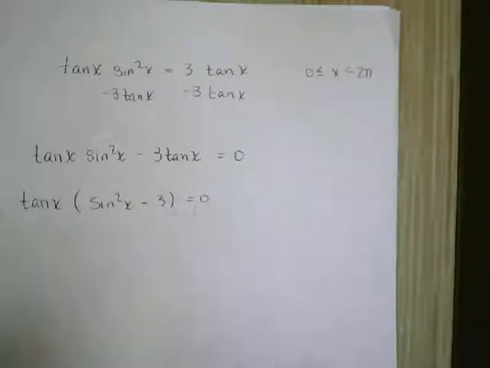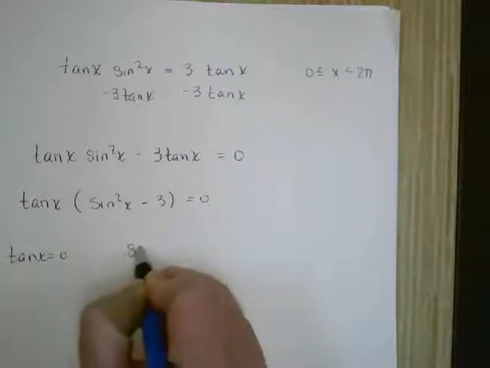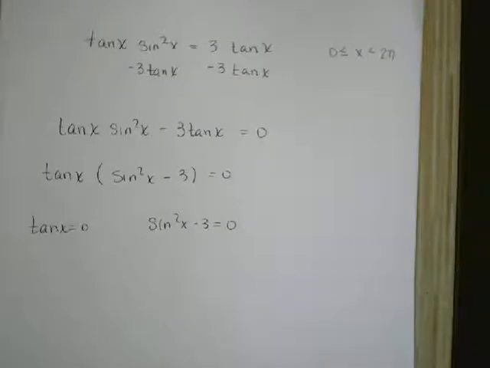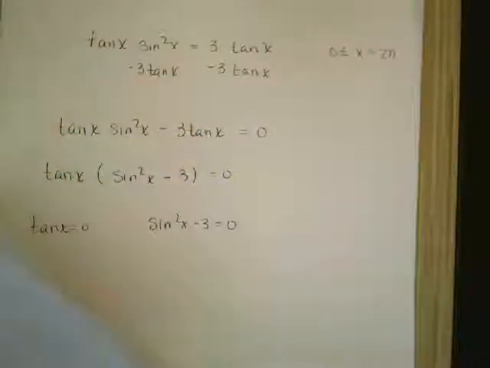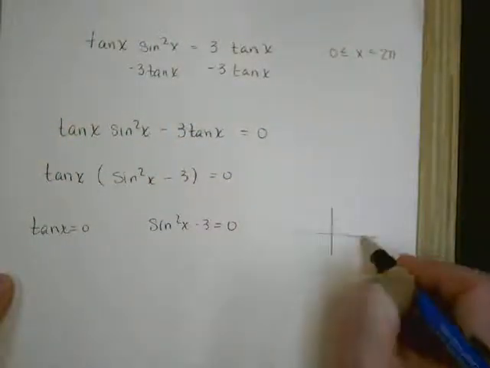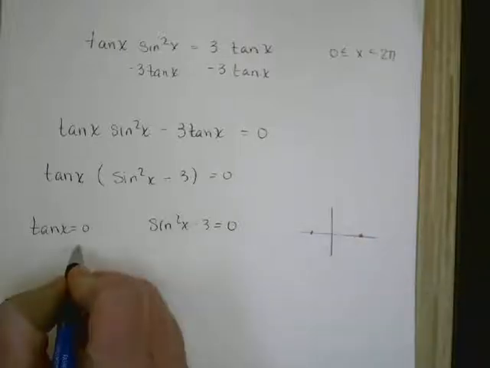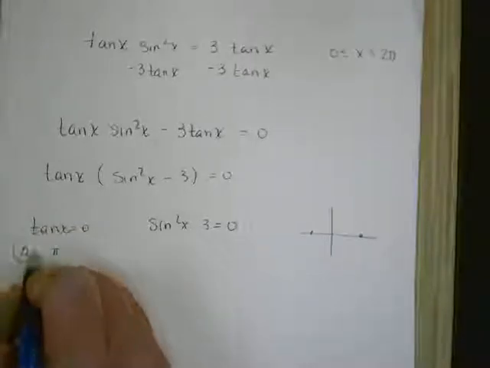So my options are tangent of x could equal 0, or sine squared x minus 3 could equal 0. Tangent is 0 at 0 degrees. So tangent's going to be 0 here and here. So tangent is 0 at 0, and at pi. Those are my two answers.